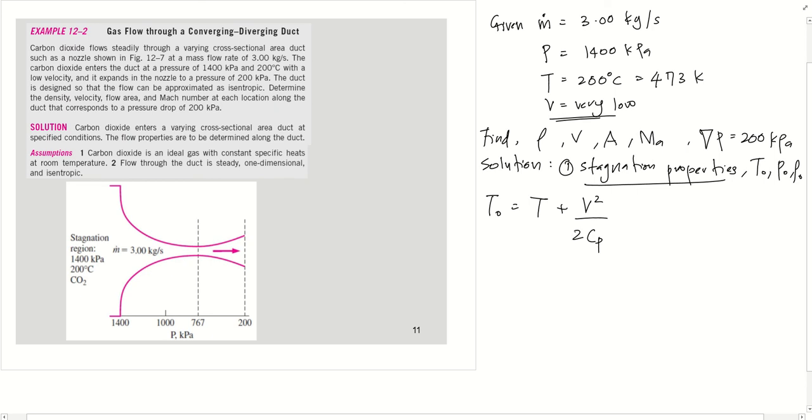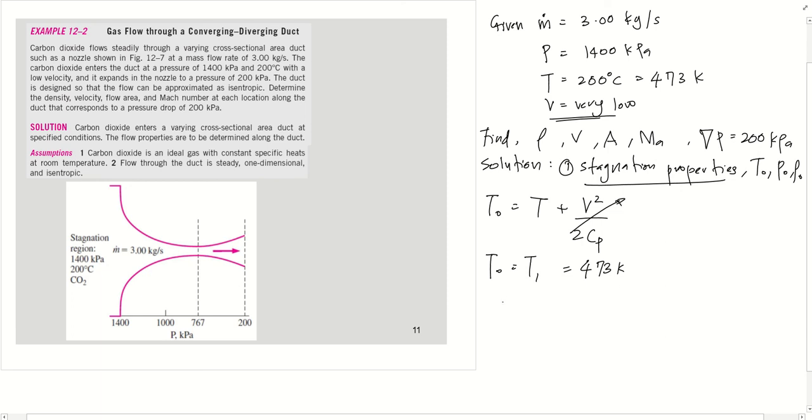However, in this example, velocity is considered very low, so no dynamic temperature needs to be considered. So the stagnation temperature is equal to T1, which is equal to 473 Kelvin. And the same goes for P0.